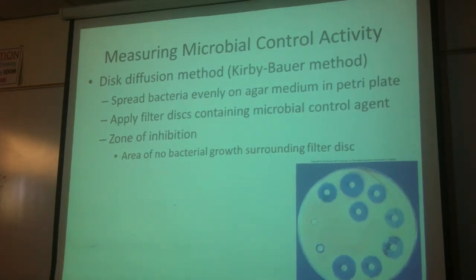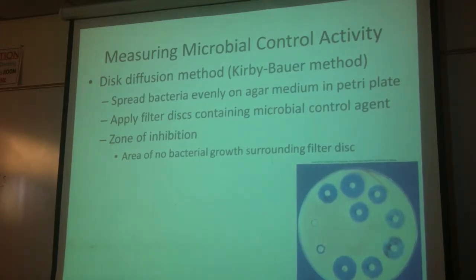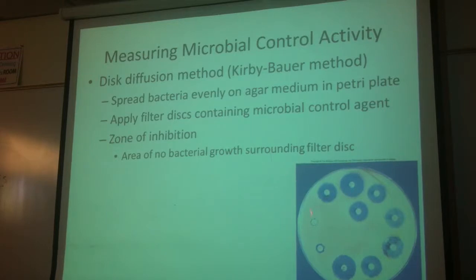You guys are going to be playing with this, I think, tomorrow. You get to put one down and then see the zone of inhibition. What is that area where there is no bacterial growth? These don't have a zone of inhibition, so these aren't working to kill that microbe, whereas some of these you can see are working much better than, say, that one.